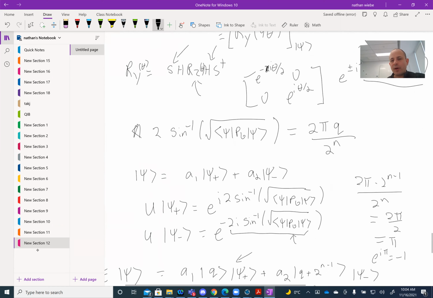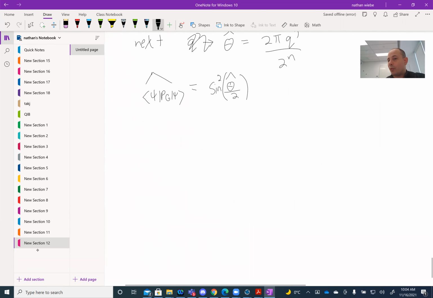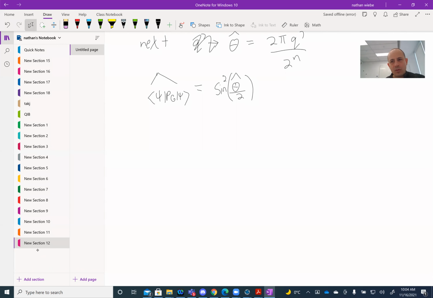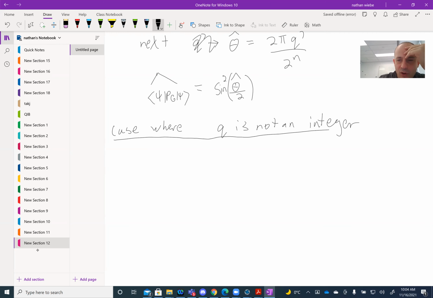So another way of thinking about this is that this is a way that we can turn an amplitude oracle into a phase oracle. All right, so that's how this ends up working. Now, the case where Q is not an integer is the last thing that I want to talk about.